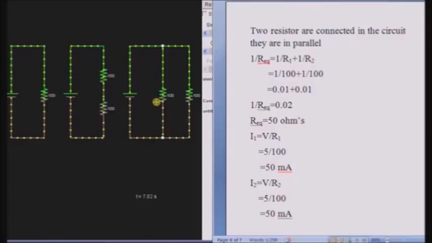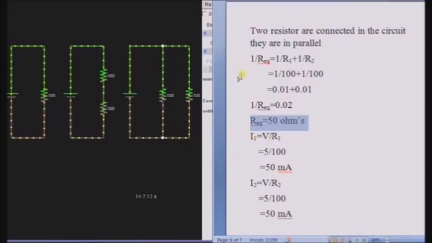When the resistors are connected in parallel, the equivalent resistance can be calculated with this formula. R1 is 100 ohms and R2 is also 100 ohms. Then the equivalent resistance in the circuit is 50 ohms.